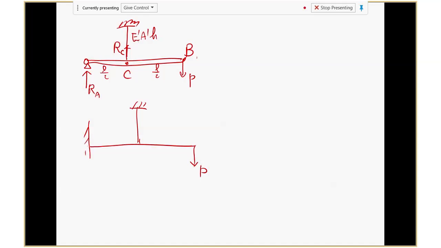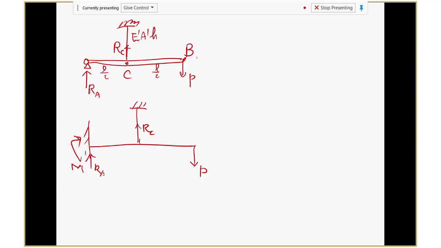It's indeterminate, because there will be RA and MR and this load RC. Three unknowns, so one degree of indeterminacy, right? But the top one is determinate. So at this stage, make sure you draw the free body diagram and judge whether it's determinate or indeterminate, because that will help you decide which way to go. It can simplify the problems.